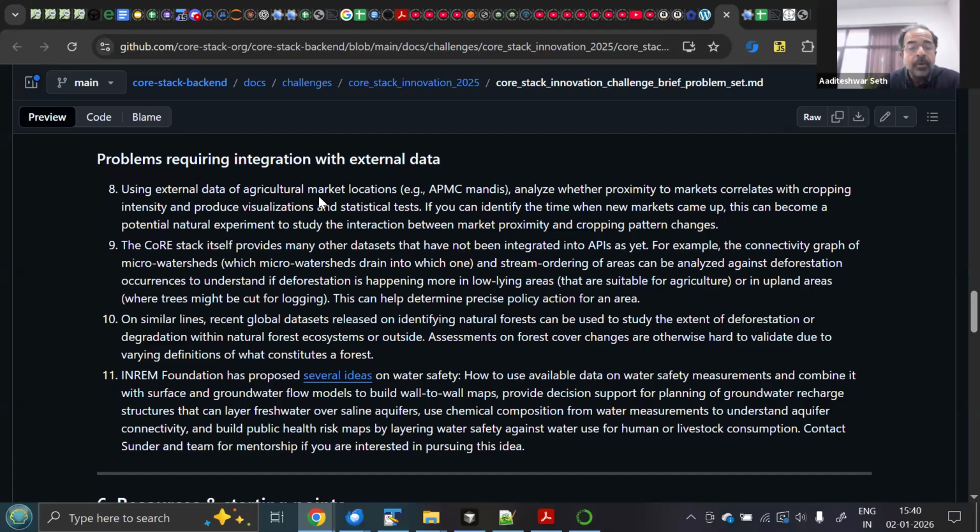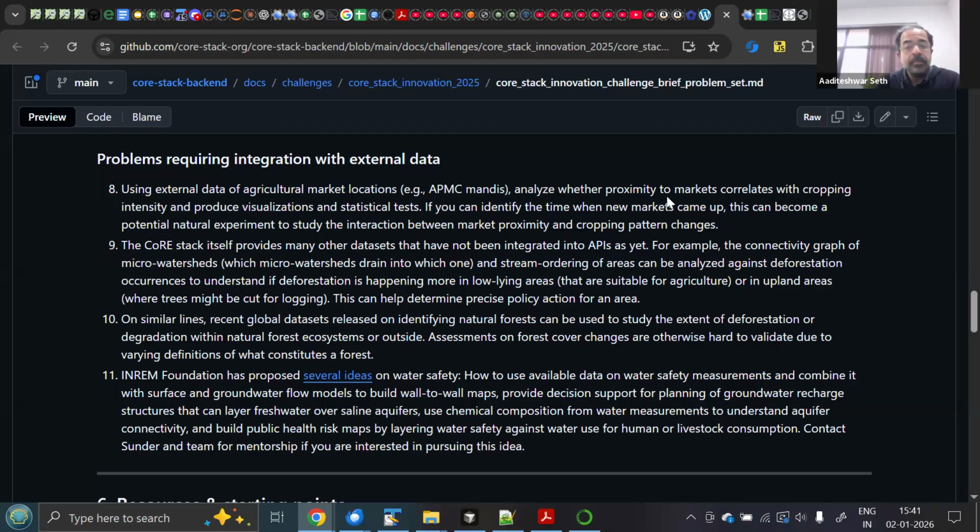For example, you can use other APIs to find APMC mandis, the agriculture commodity mandis, and analyze whether proximity to markets correlates with cropping intensity.